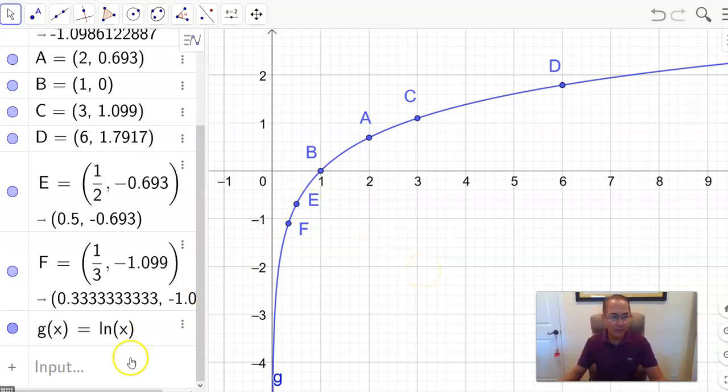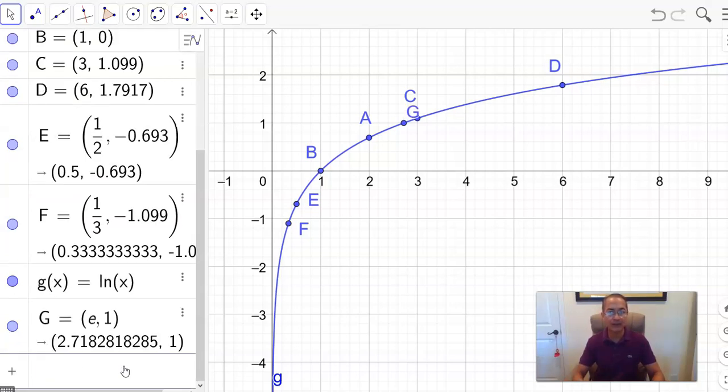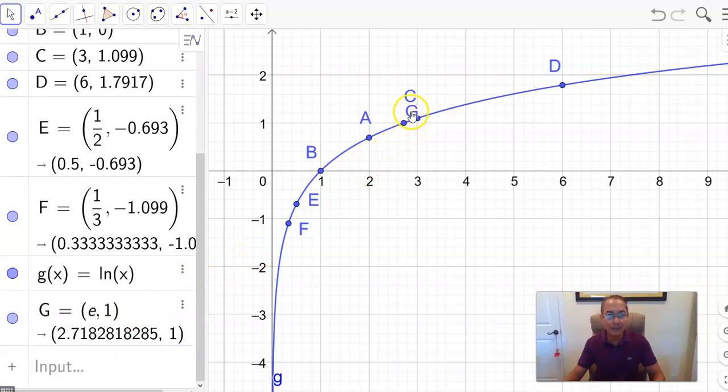So where does e belong? We said we want the number e so that the y coordinate is 1. So 1 is over there, so e is going to be somewhere here. And as we said in the introduction, it's about 2.7. So we're going to type in the point e comma 1. There it is. It would have been nicer if it was the capital letter E, but that's okay.